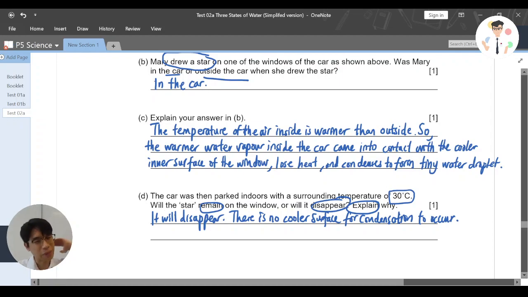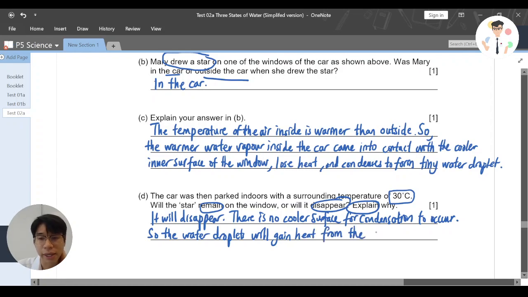If you want to explain even further, the tiny water droplets will gain heat, because it's kind of hot already, like 30, 25 degrees Celsius. Gain heat from where? From the warmer air outside, and evaporates. And because of that, the star disappears.